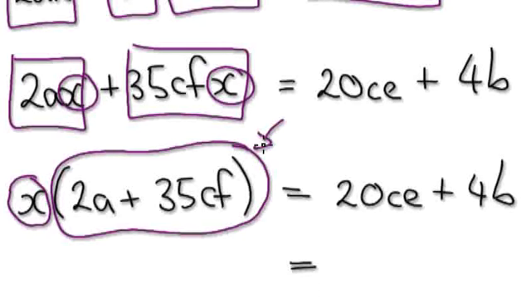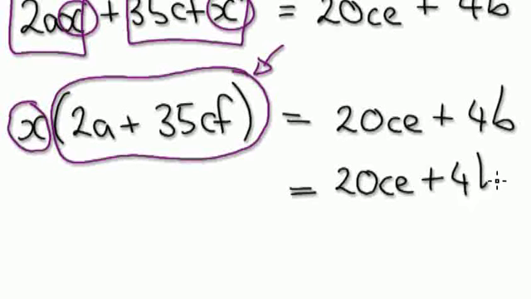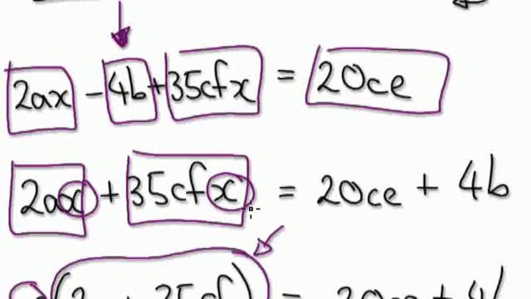So divide both sides by this bubble here. So let's take the rest down: ce plus 4b. Now we are dividing both sides by that bubble there, so it would be this here, over 2a plus 35cf, and then on this side is x. So there you've just made x a subject.